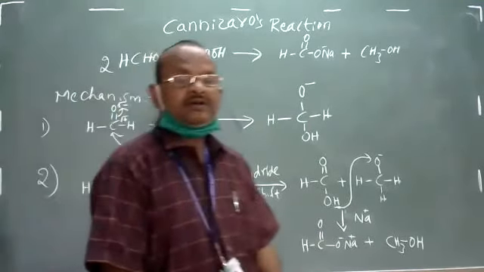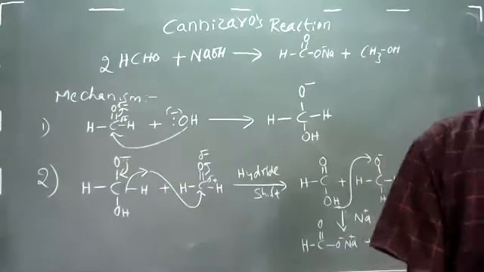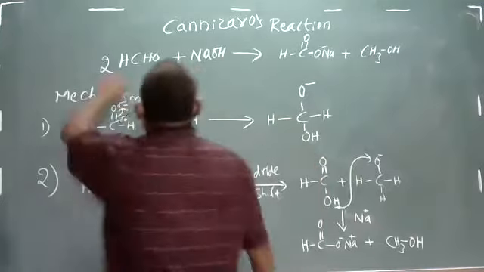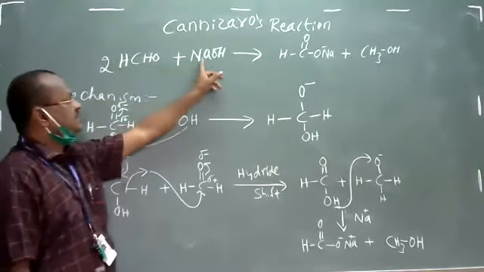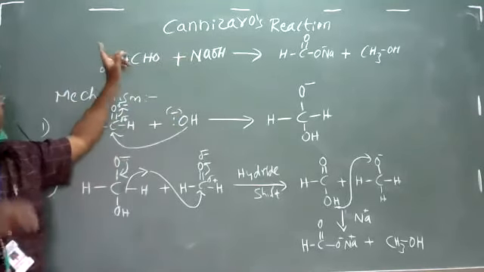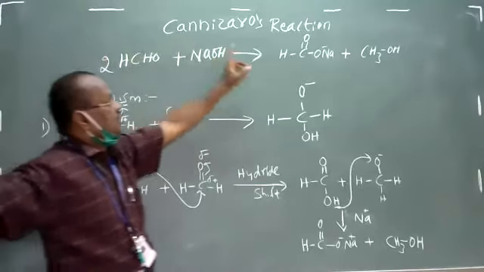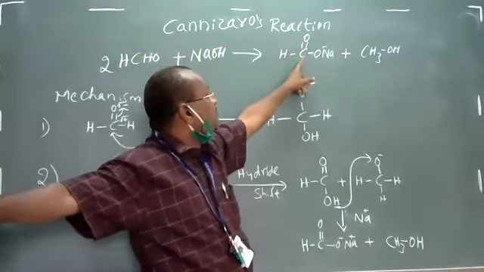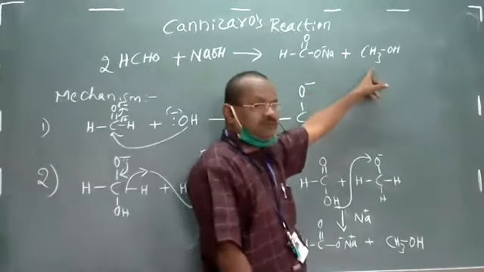So this particular Cannizzaro reaction, here 2 moles of aldehyde react in the presence of a concentrated base, that is sodium hydroxide. They condense with each other, where one molecule is oxidized to carboxylic acid, and one molecule is reduced to alcohol.